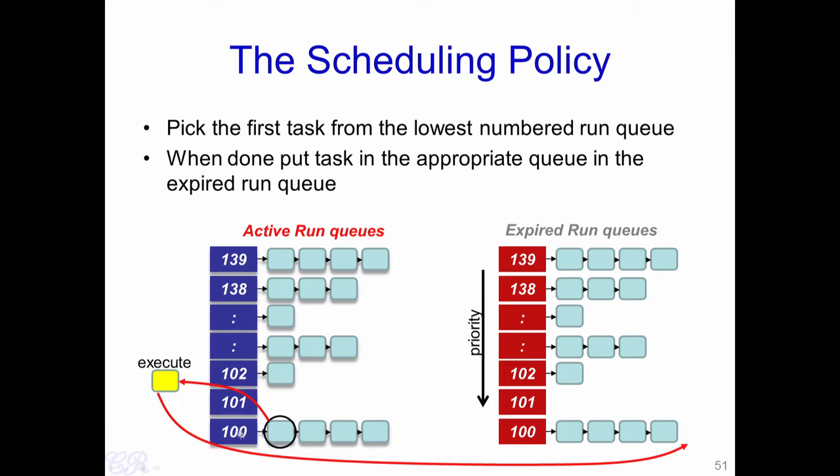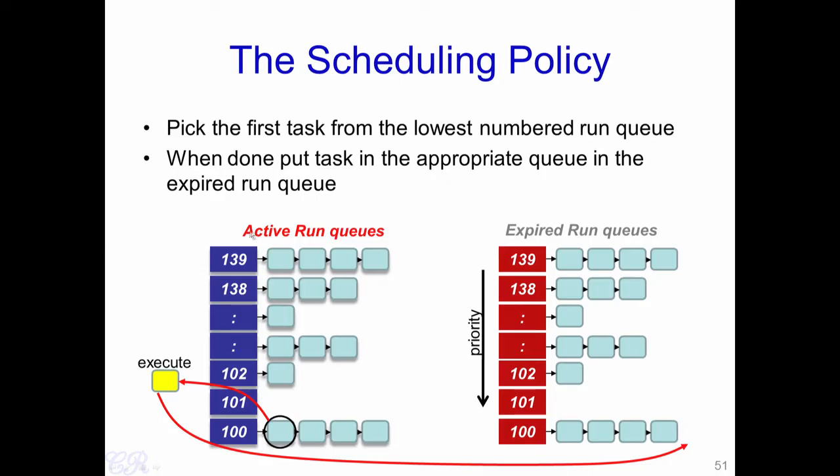So, for instance, over here it starts from 100 and picks this first particular process, and this process is executed in the CPU. At the end of the time slice, this process is put into the expired run queue. Gradually, as time proceeds and each time slice is complete, the scheduler keeps picking out processes from the active run queues, executes them and puts them into the expired run queues.